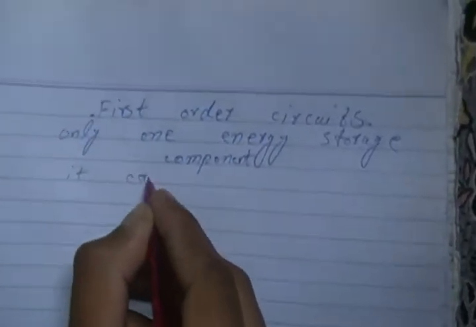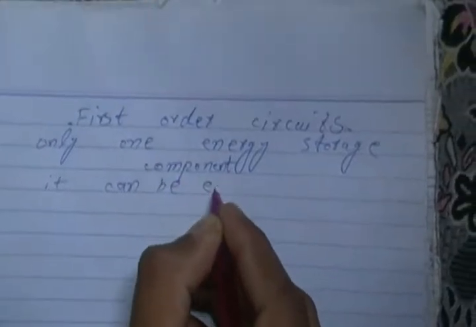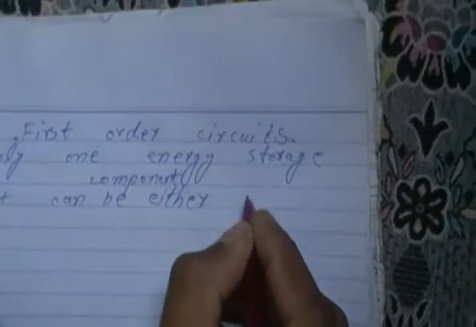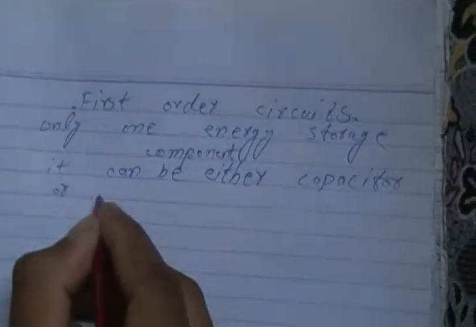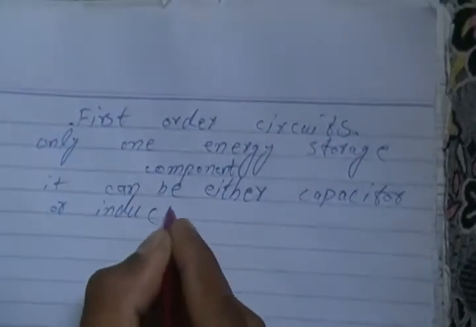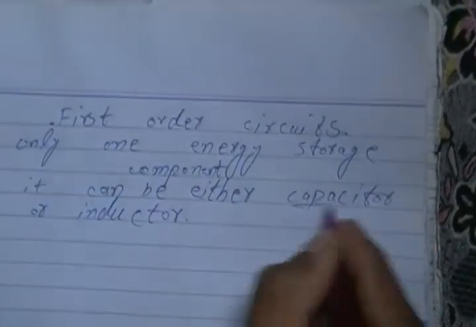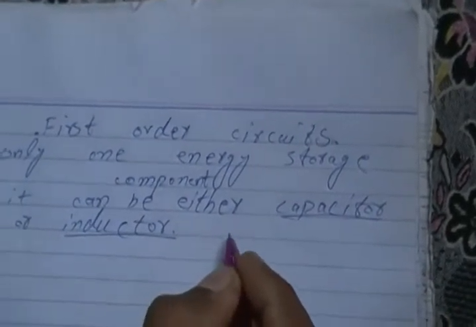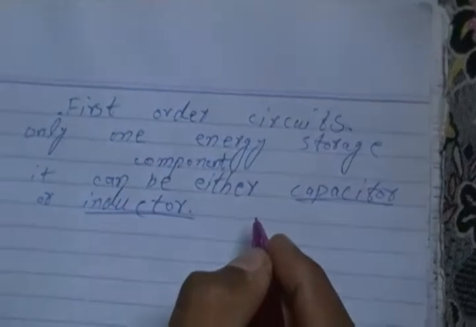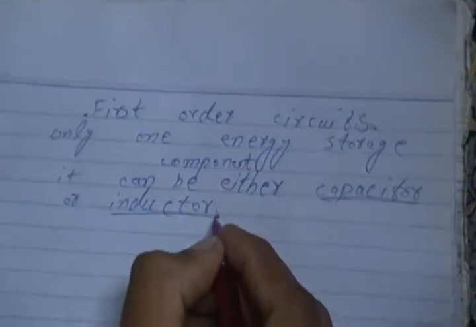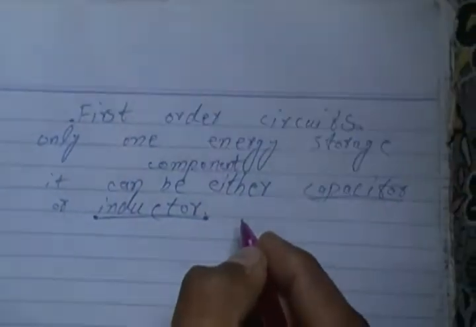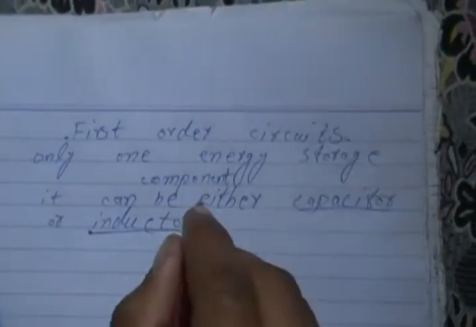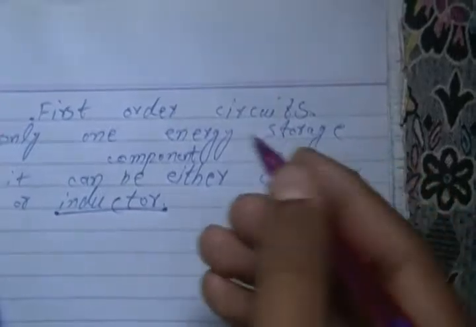It can be either a capacitor or an inductor, because capacitor and inductor are those two components which are passive and also energy storage components. They store energy and provide energy to the circuit.